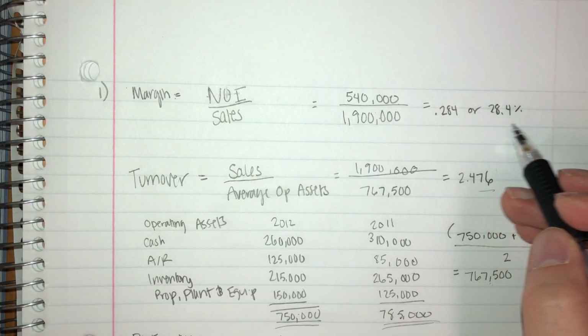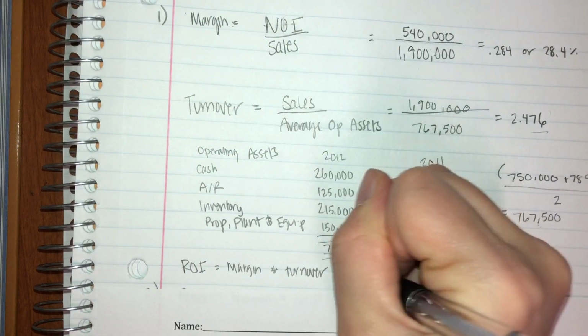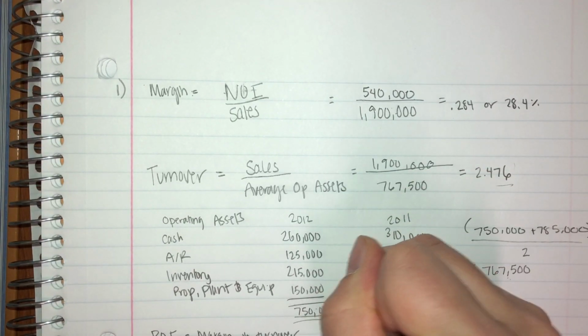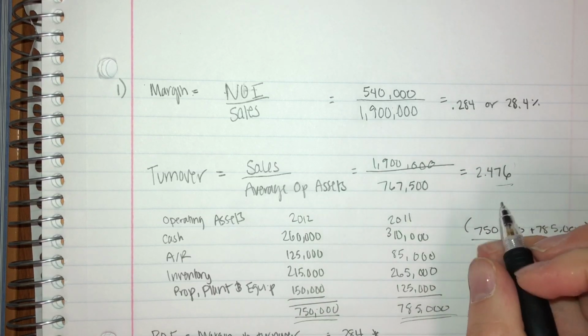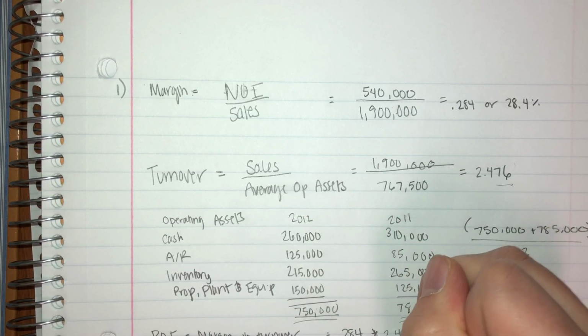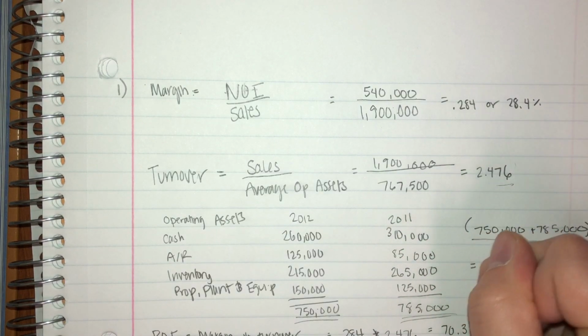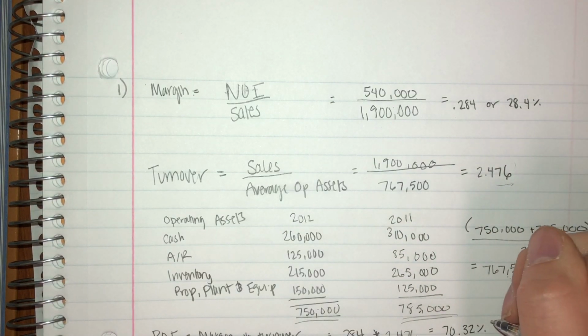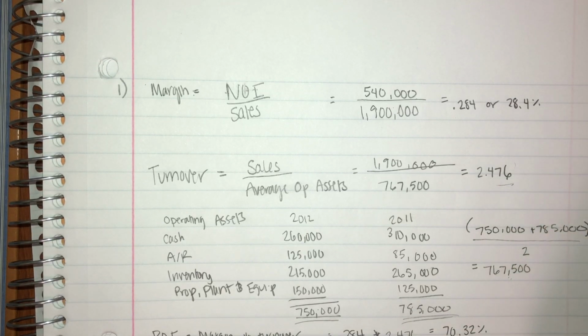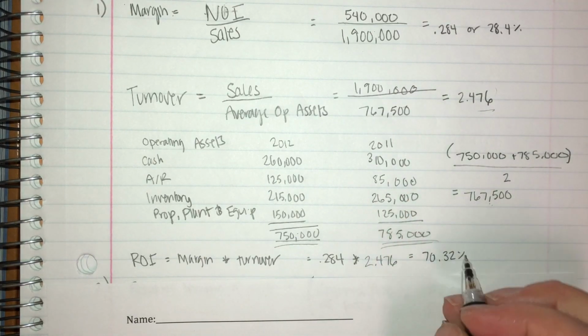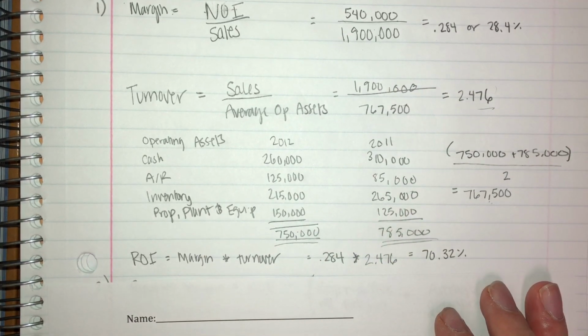So we can do 0.284, I'm sorry, 0.284 times 2.476. That gives me 70.32%. I would do it this way just because it's easier. If you look at the solution, you can see the alternate way to do it, but this is the way that makes the most sense to me.